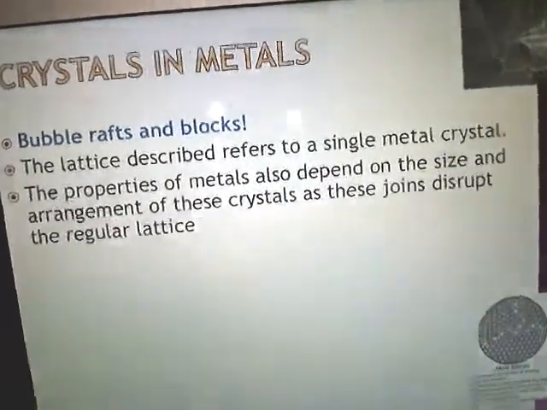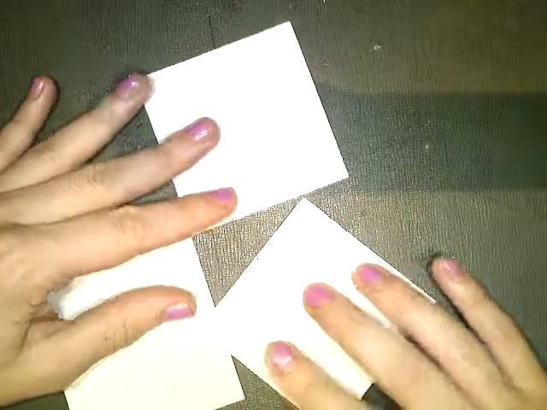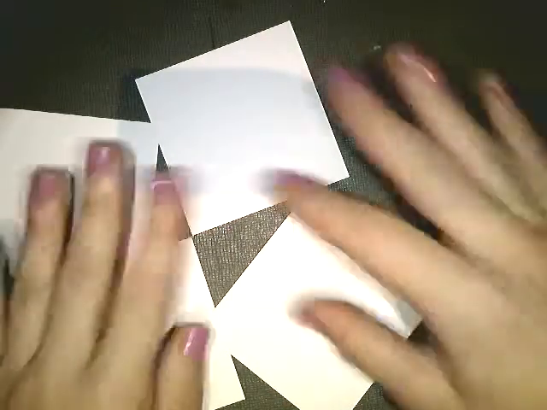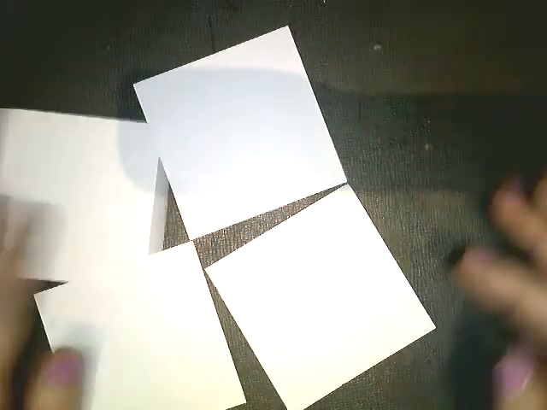So I'm going to stop us right there, and I'm going to describe it with sticky notes. Well, not really, but they are the perfect size to use. I'm going to describe these as large metal crystals, and I'm going to show you the way they're arranged. They might be arranged here like so, with a couple of gaps in between.